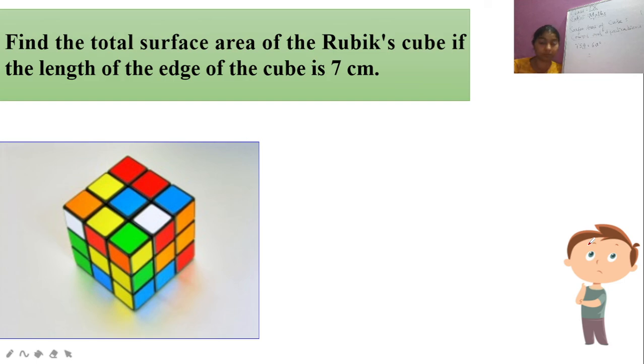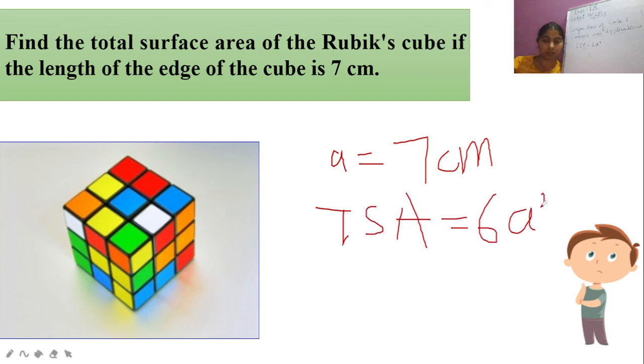Yes, so for this we have a side which is 7 centimeter, right? We will use this one. So we have TSA, which is in front of you, 6A squared, right? Now students, what will you do?